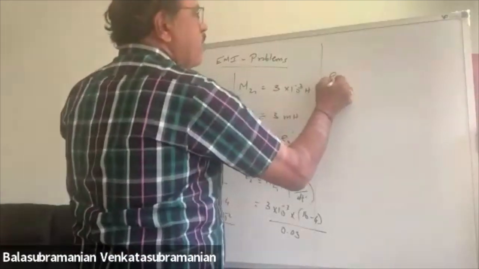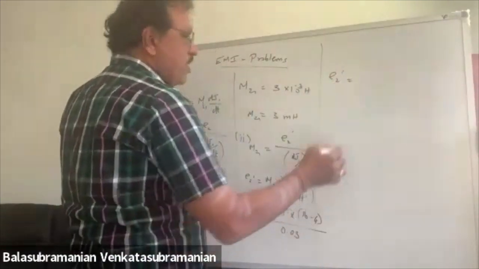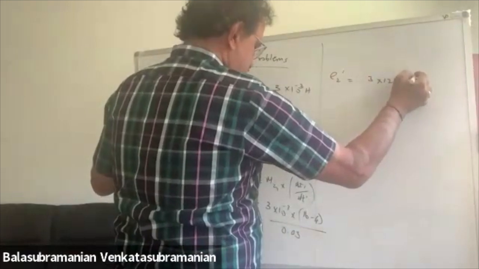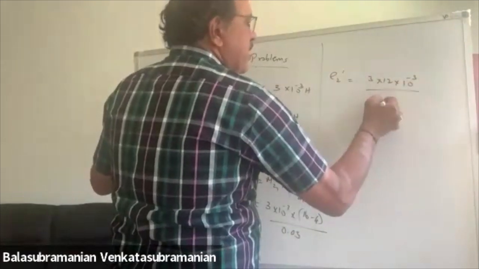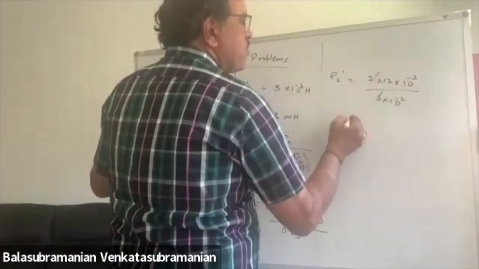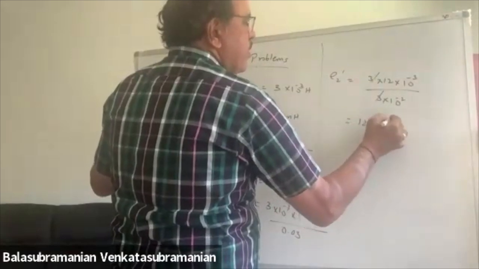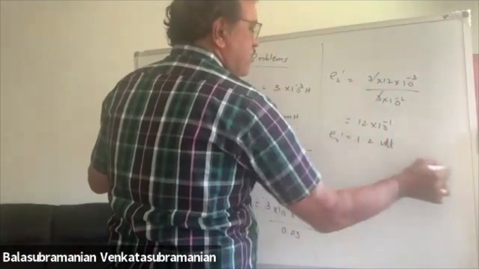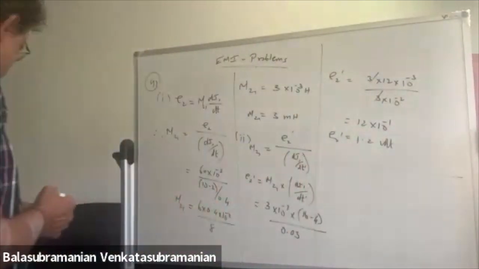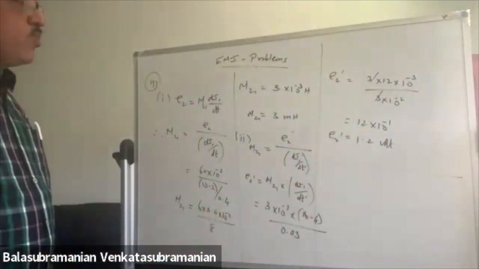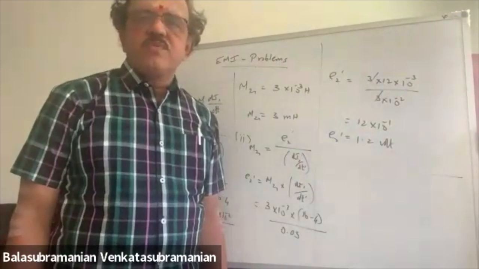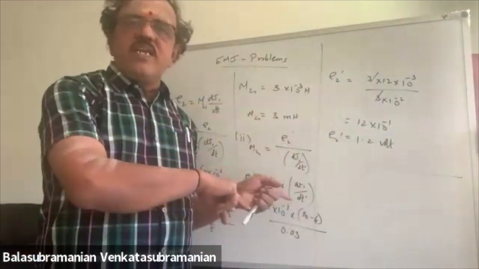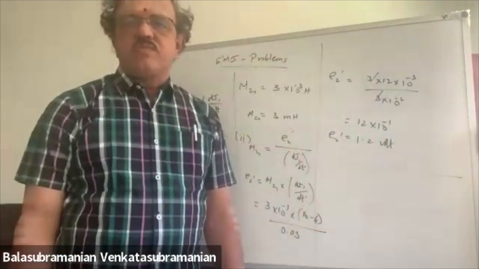So E2 dash is equal to 3 into 10 power minus 3 into 12 by 3 into 10 power minus 2, that is 12 into 10 power minus 1, 1.2 volt. 1.2 volt is the EMF induced. So first we have to calculate the mutual inductance, then use that value to calculate the induced EMF.